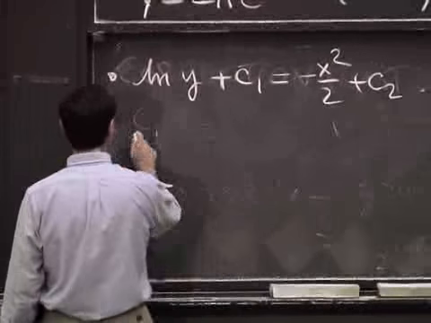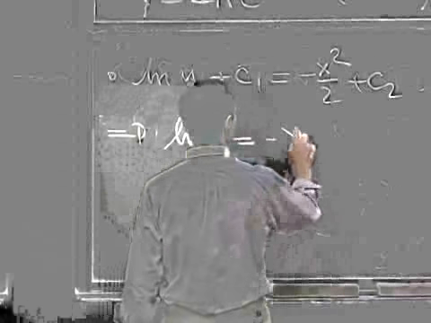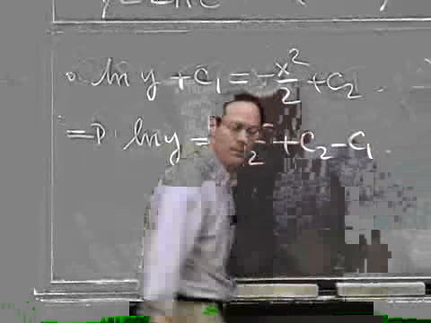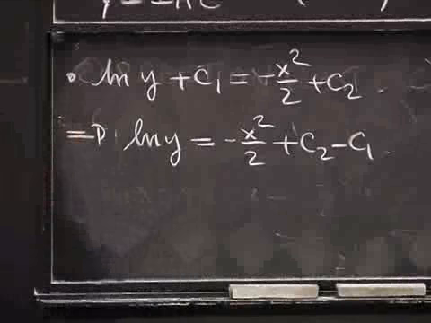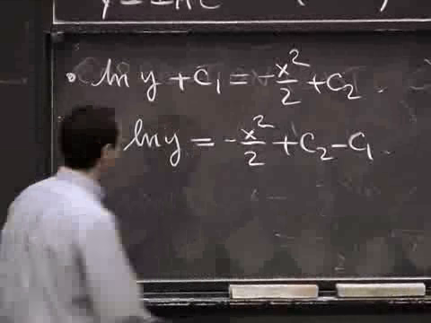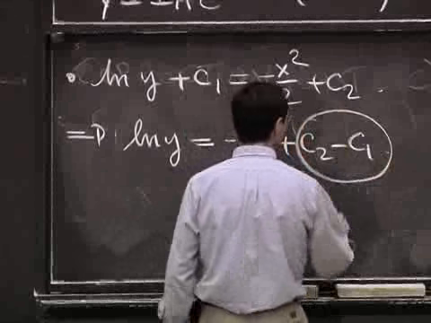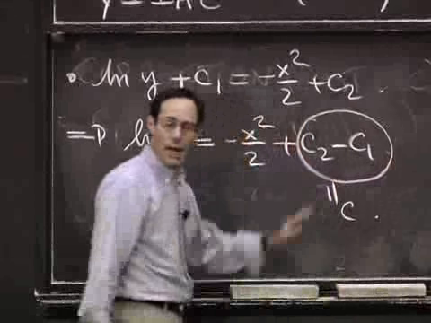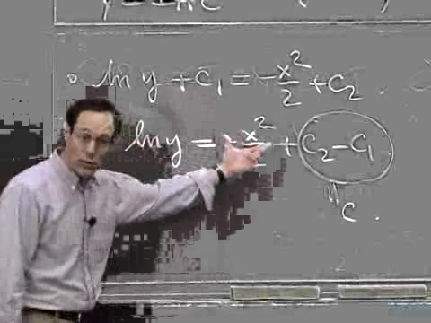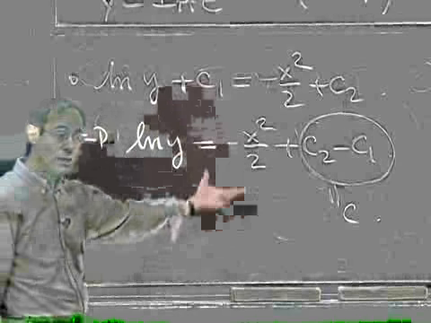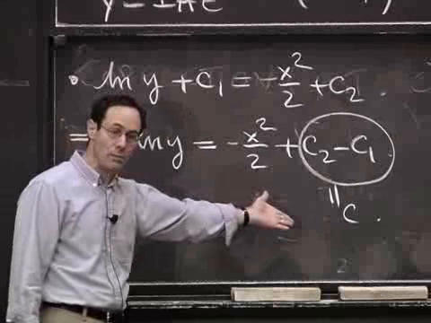But notice that I can rewrite this as log y is equal to minus x squared over 2 plus c2 minus c1. I can subtract. And then if I just combine these two guys together and name them c, I have a different constant. In other words, it's superfluous and redundant to have two arbitrary constants here because they can always be combined into one.